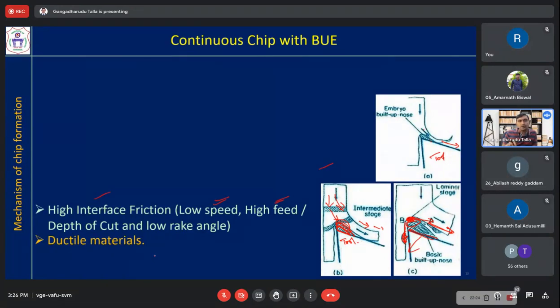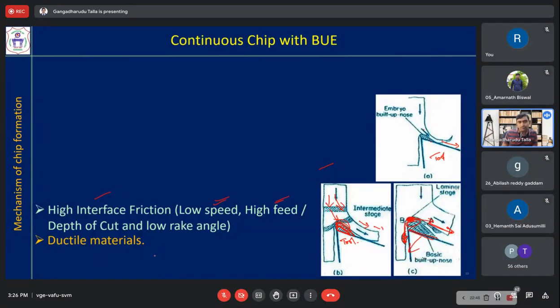Now built-up edge is formed for ductile materials in general, because ductile material will easily be converted into the plastic state. Brittle material anyhow will break. And one more thing: for ductile materials we get a continuous chip.